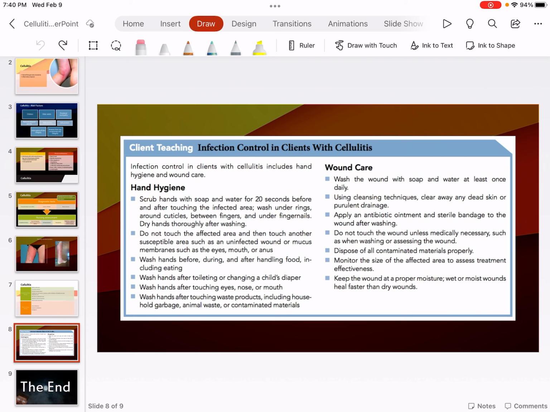So, as we talked about in the infection PowerPoint, the type of antibiotic that the patient is going to get would really depend upon the microorganism that's causing the cellulitis. As we discussed previously, the majority of cases of cellulitis are caused by Staph aureus. So most providers are going to select an antibiotic that will effectively treat that bacteria.